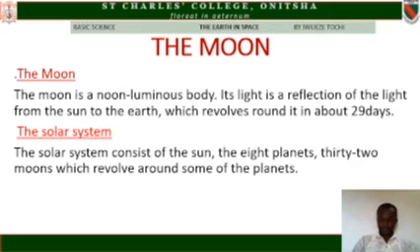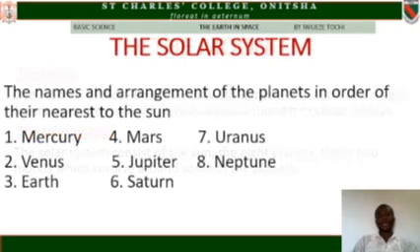So, we have 8 planets in our solar system. And these 8 planets are listed on the screen, starting from the one that's nearest or closest to the sun.